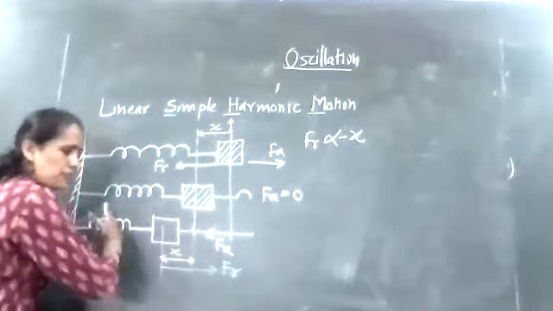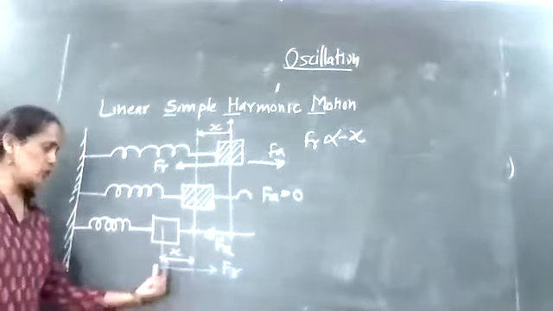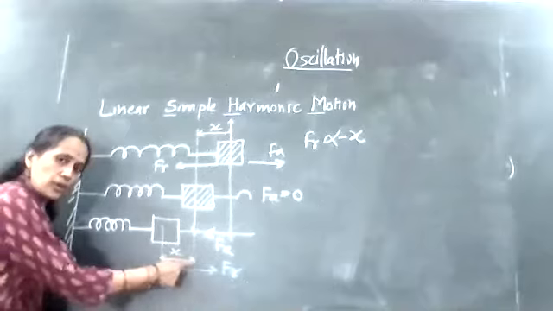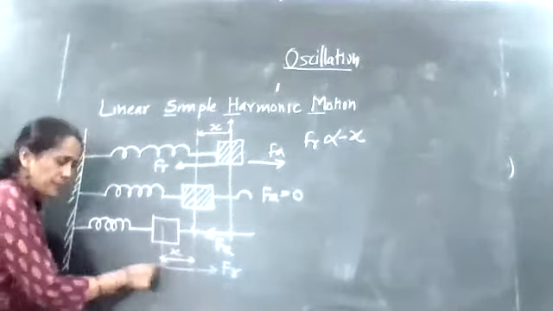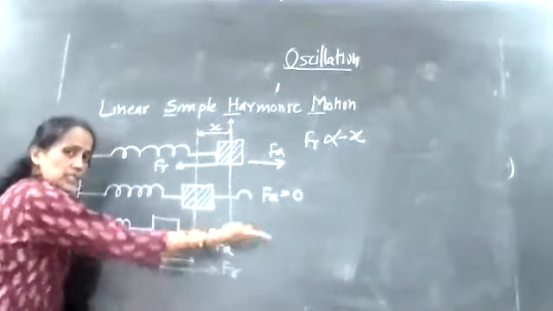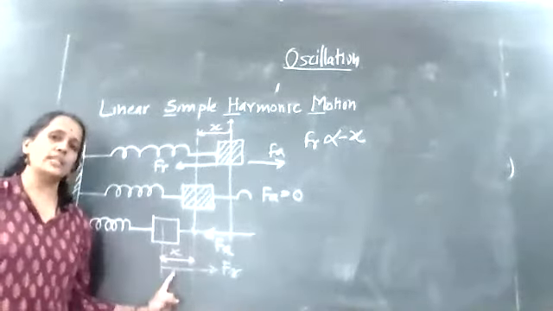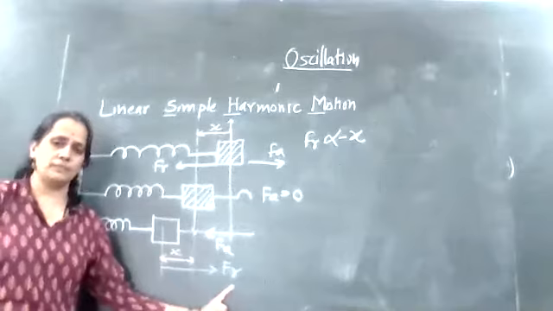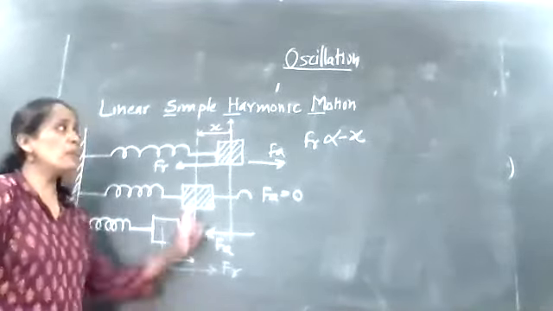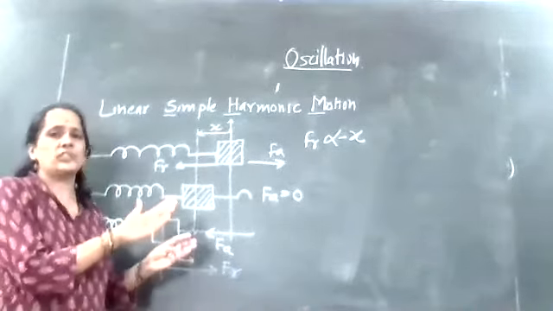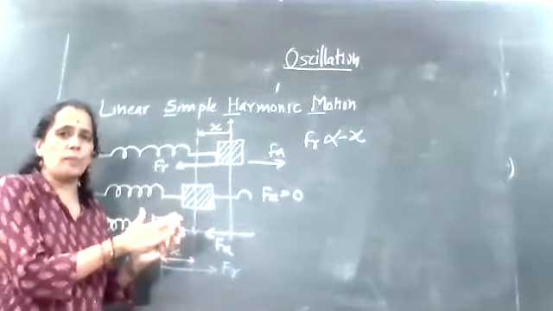Due to the applied force, the spring is compressed. The displacement x is towards the left-hand side. The restoring force is towards the right-hand side. So the directions of restoring force and displacement are opposite, but they are proportional to each other. If I apply more force in compression, the spring gets more compressed.